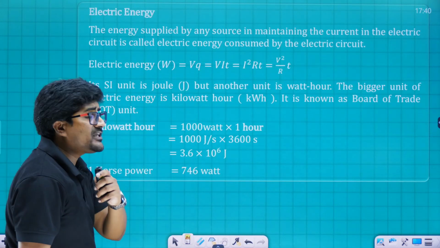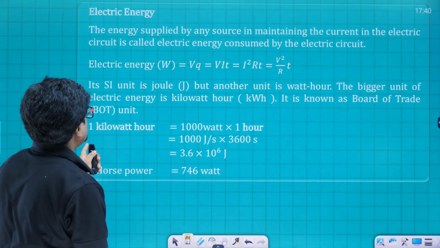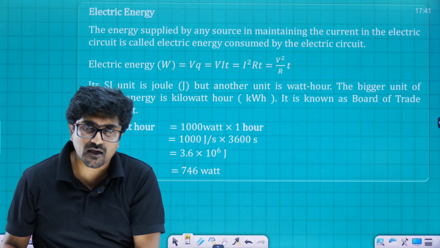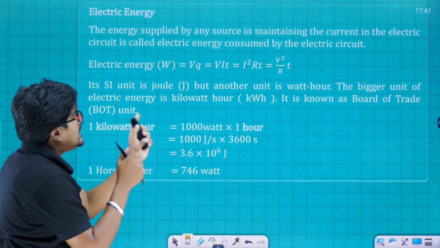Next is electrical energy. The energy supplied by the source, that means the cell, to maintain the flow of current across a circuit is known as electrical energy.